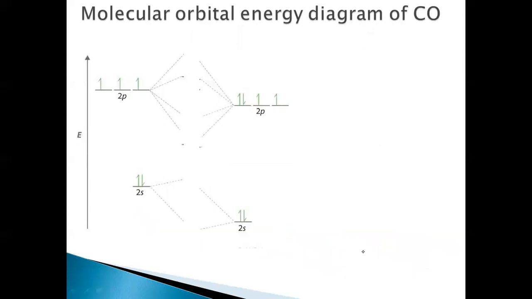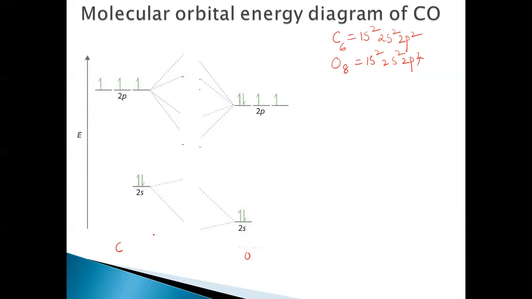When we look at this molecular orbital energy diagram for carbon monoxide, this is for carbon, this is for oxygen, where the increase in energy is shown on the left-hand side for the orbitals. For carbon, it is 1s2, 2s2 and 2p2, where the atomic number is 6 here. And oxygen is 8, so 1s2, 2s2 and 2p4.